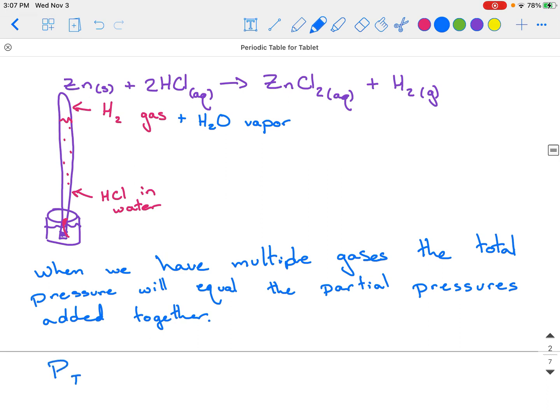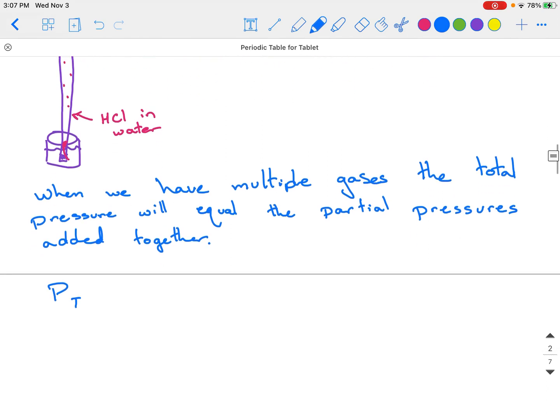If I rewrote that, that would be PT equals P1 plus P2 plus P3, etc.